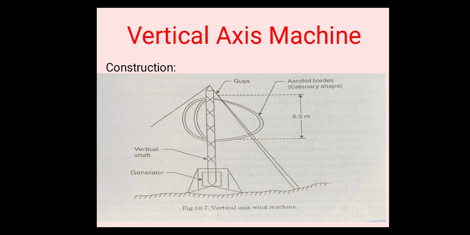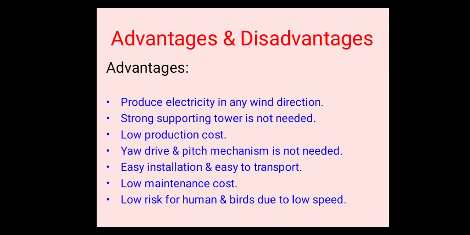Now see the advantages and disadvantages of this vertical axis machine. First see the advantages. They can produce electricity in any wind direction. Then go to the next advantage. Strong supporting tower is not needed because generator, gearbox and other components are placed on the ground. Low production cost as compared to horizontal axis wind machine.